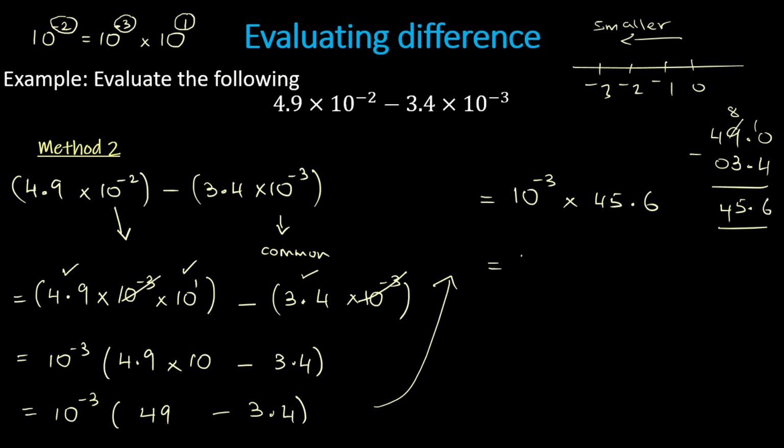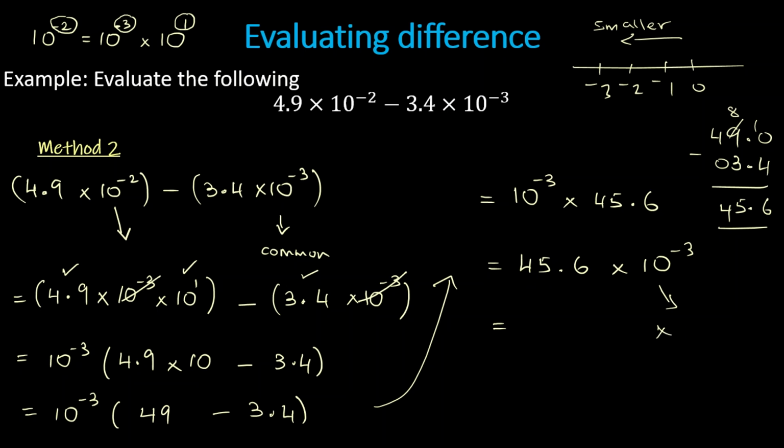It is the same as 45.6 times 10 power negative 3. Now we have to check whether this is in standard form, right? We don't have a number between 1 and 10, so we have to bring this number between 1 and 10.